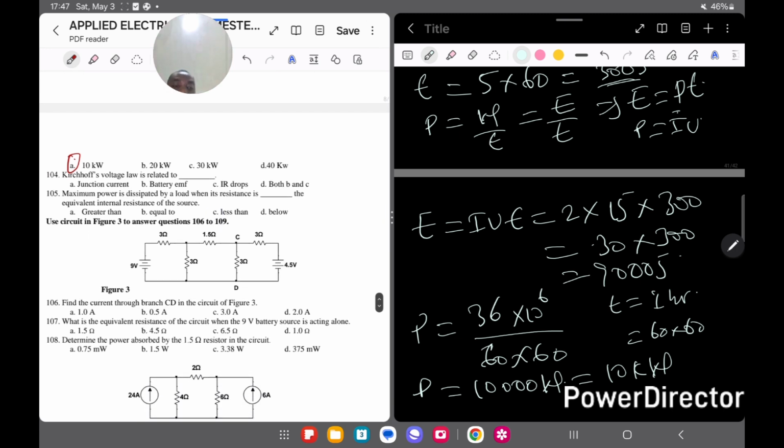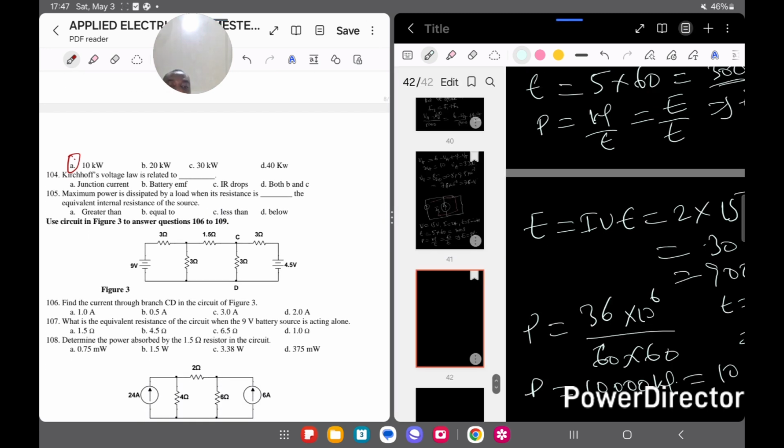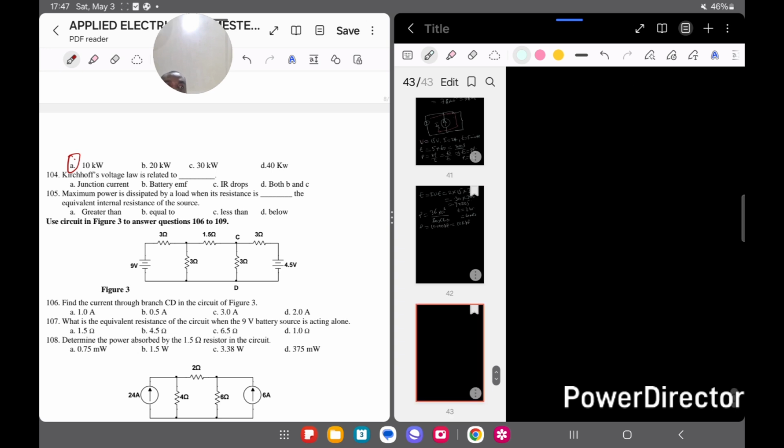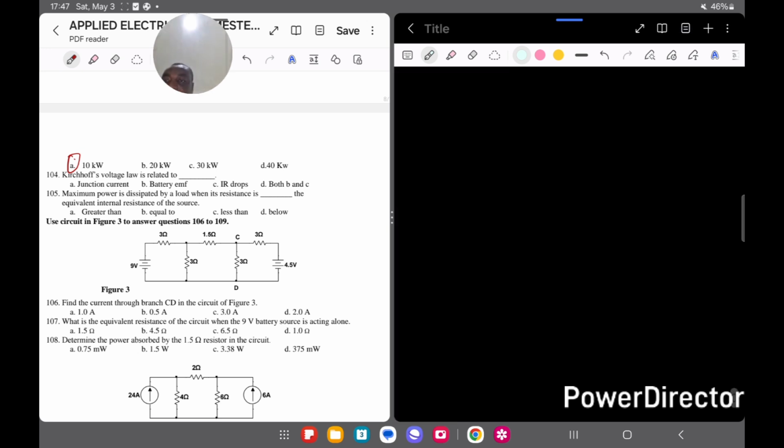Now, question 104. Kirchhoff voltage law is related to what?